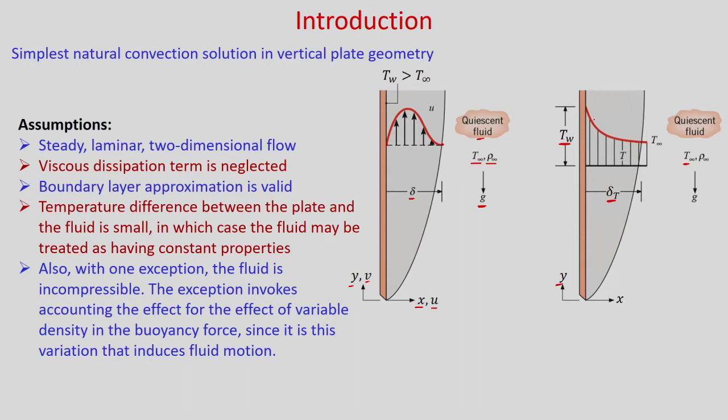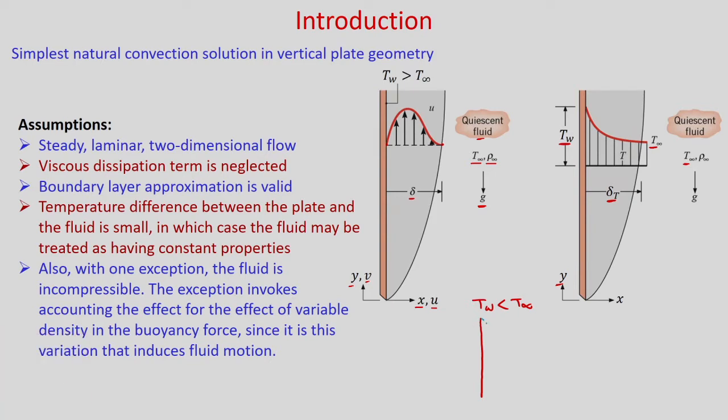So, this will be the temperature distribution. So, at the wall you have Tw, and at the edge of the thermal boundary layer you have temperature T infinity. If you consider Tw less than T infinity, in that case your boundary layer will start forming from the top edge.